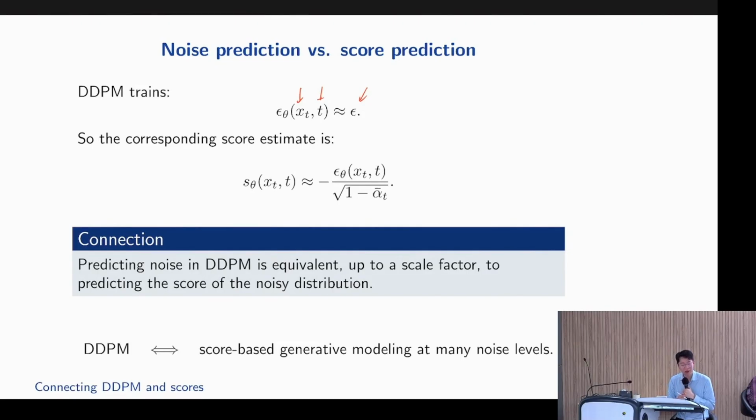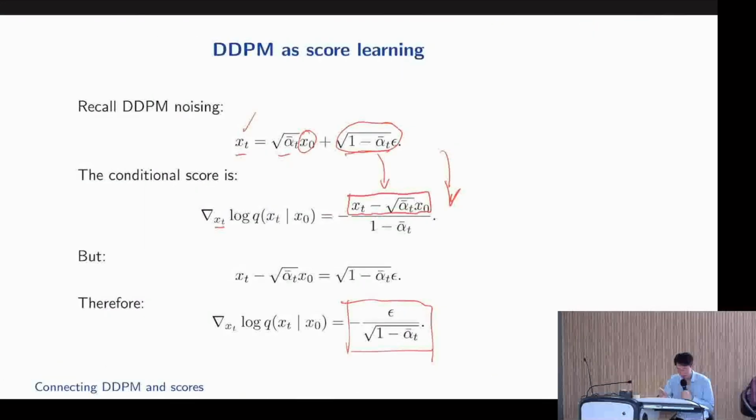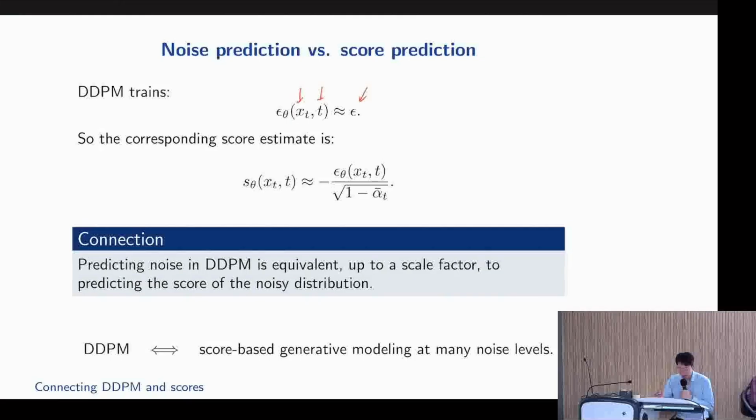So the corresponding score estimate is negative epsilon over this term. Here we learn this epsilon with epsilon_theta. So the corresponding score estimate is this. The connection is that predicting noise in DDPM is equivalent, up to a scale factor, to predicting the score of the noisy distribution. So DDPM is actually score-based generative modeling at many noise levels.